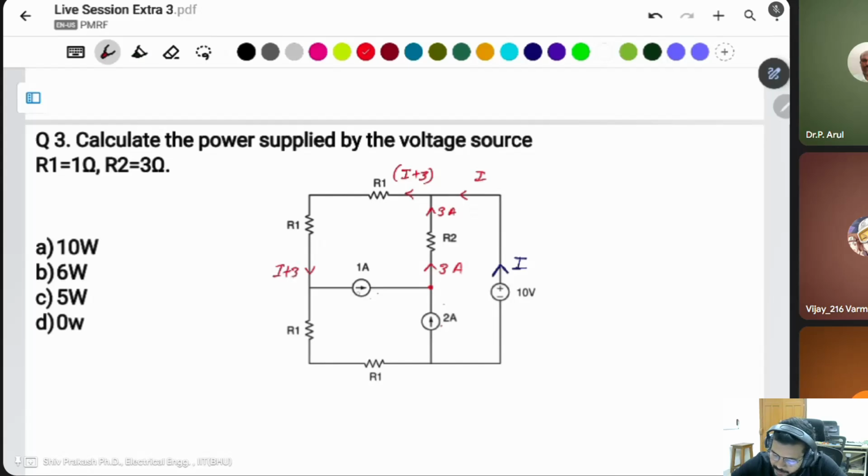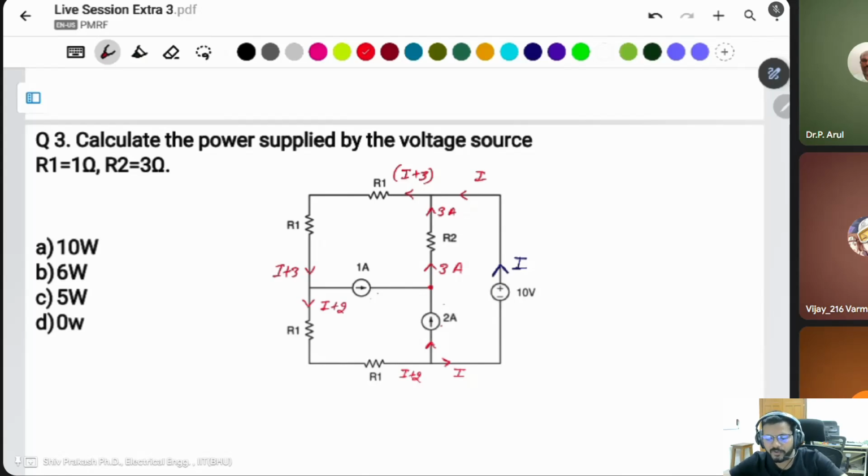Then 1 ampere current is leaving here, so this current is I plus 2. After that, this 2 ampere current is leaving here. That's why this is the only current I.